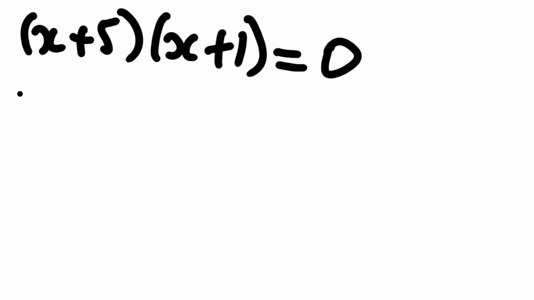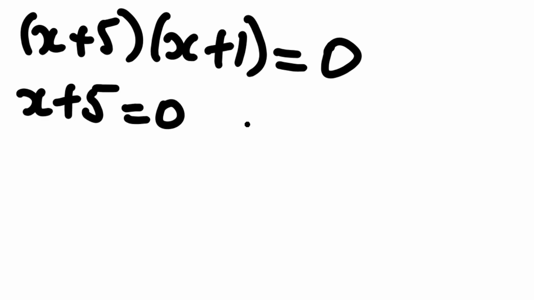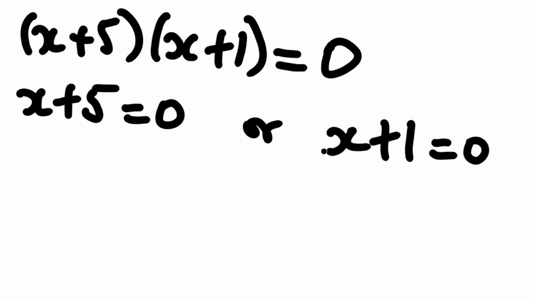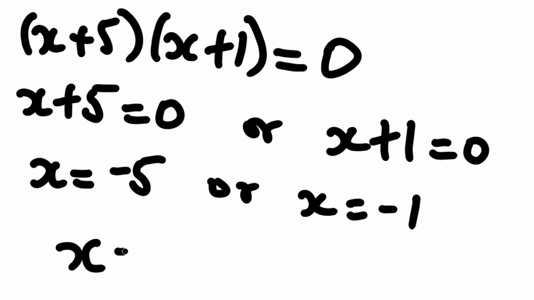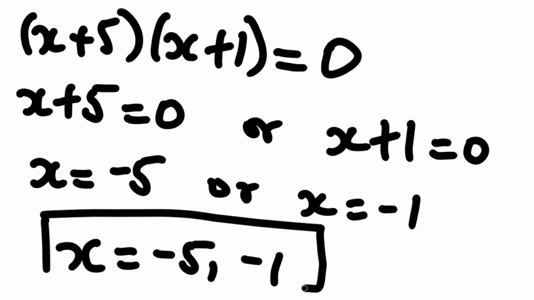So we just continue to solve: x plus 5 equals 0, or x plus 1 equals 0. So we have x is equal to negative 5, or x is equal to negative 1. So now x is equal to negative 5 comma negative 1. Remember, negative 5 is smaller than negative 1. That's why I wrote it first. So this is the final answer for this.